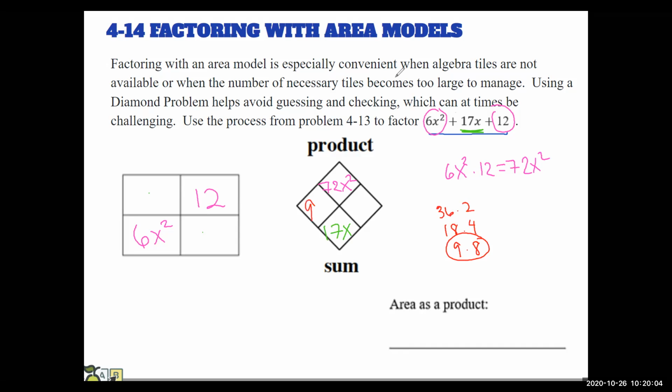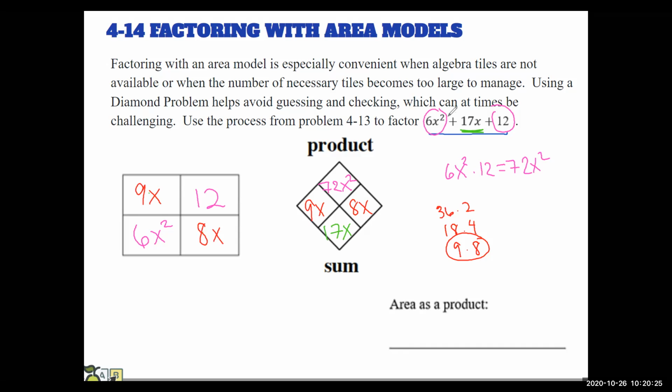So I have 9x and 8x here. They multiply to be 72x squared, but they add to be 17x. And then I go ahead and fill those into my area model. And then finally, I get my edge lengths.